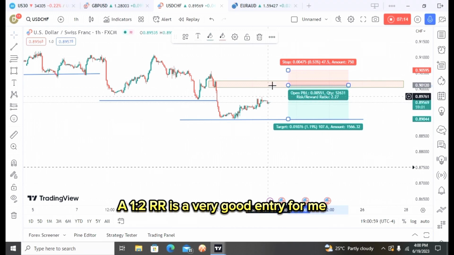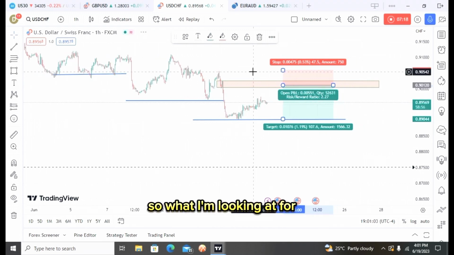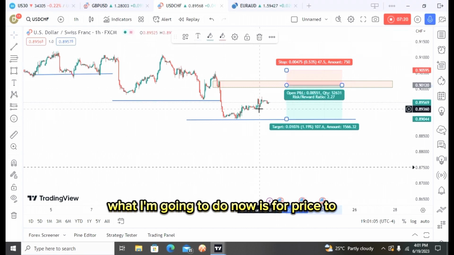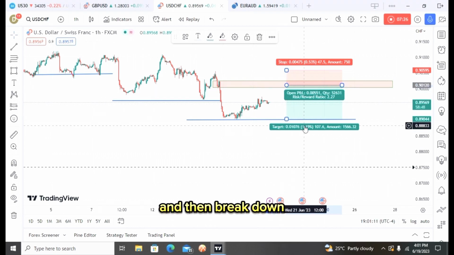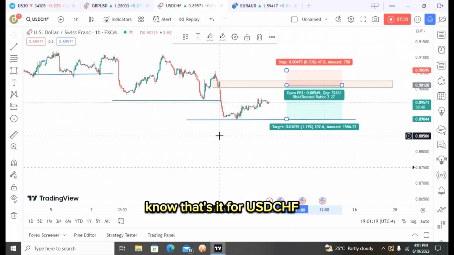The 1 to 2 is a very perfect entry for me. So what I'm going to look out for now is for price to actually go to my supply zone here, and then bring down for me a new low. So that is it for USD CHF.